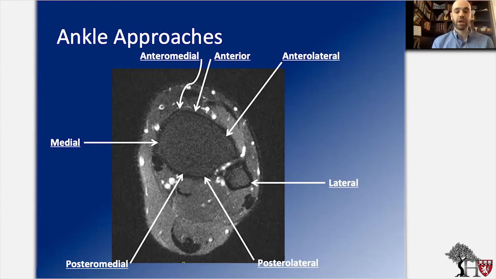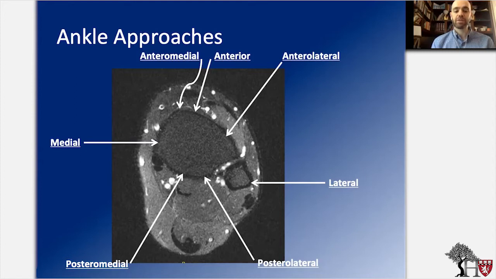If you don't know the anatomy, you're going to be unable to safely help the patient. Whereas if you do know the anatomy, even if it's a procedure you're less familiar with, you will almost certainly figure your way out. This is a cross section of an MRI.